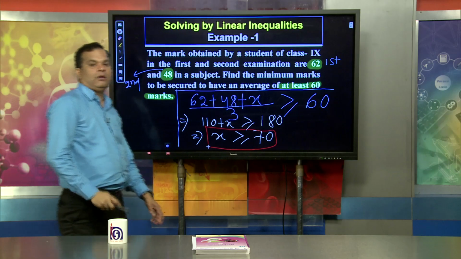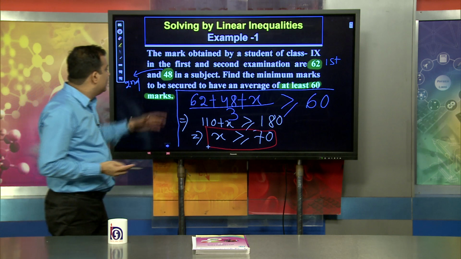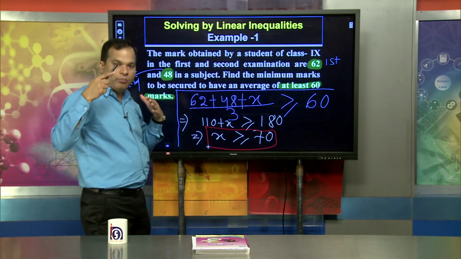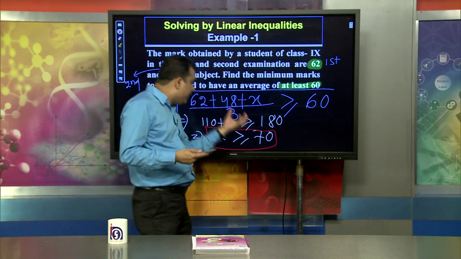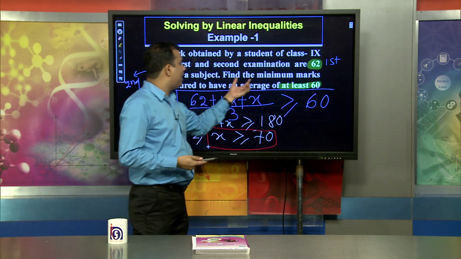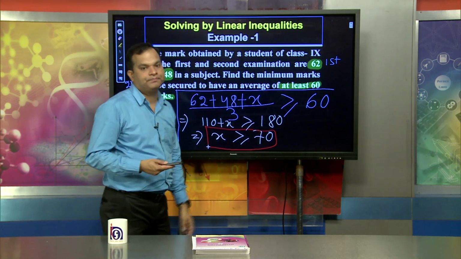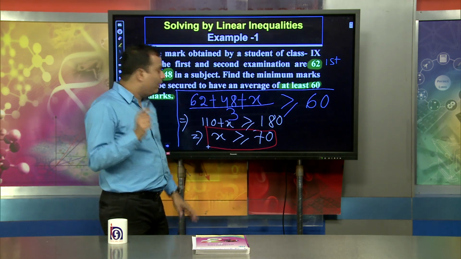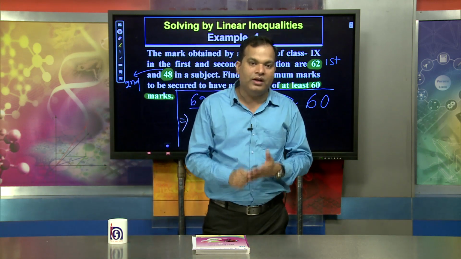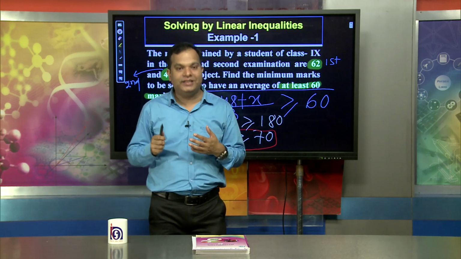That means we have to find the minimum marks. The student must secure a minimum of 70 marks in order to have an average of at least 60 marks. This is the way, and this type of problem we can solve only through linear inequality.